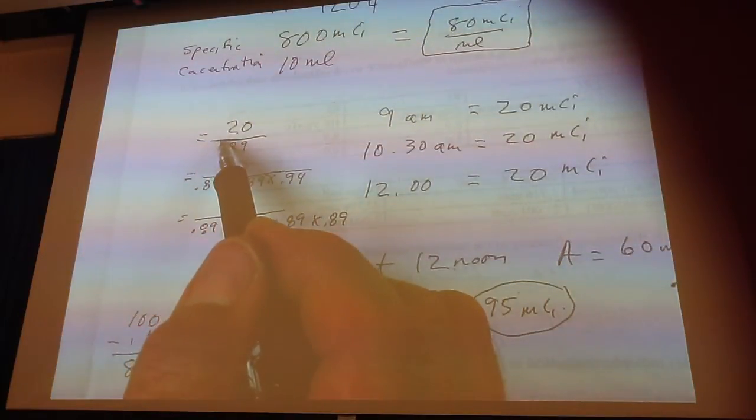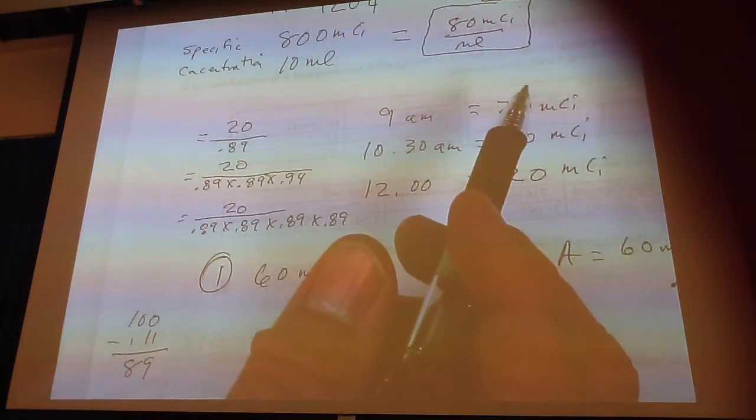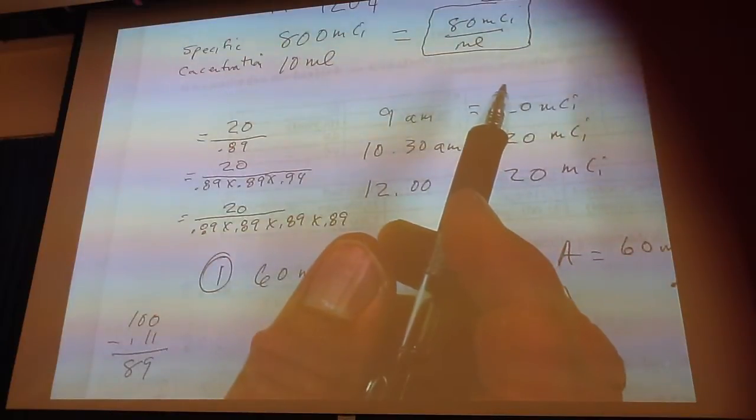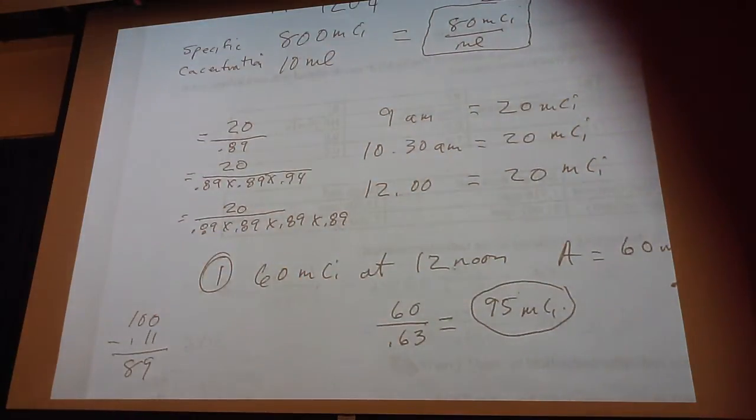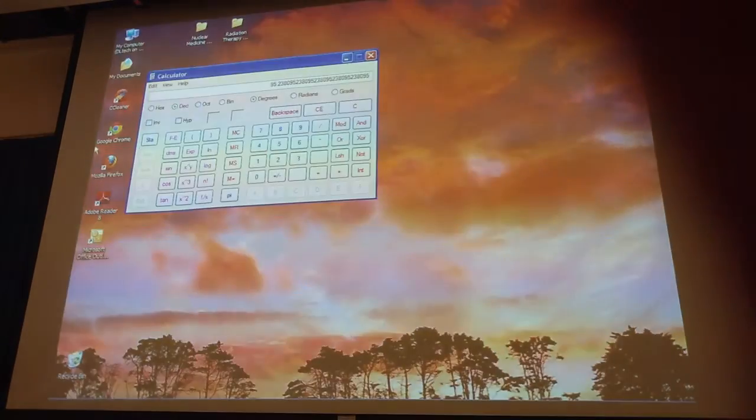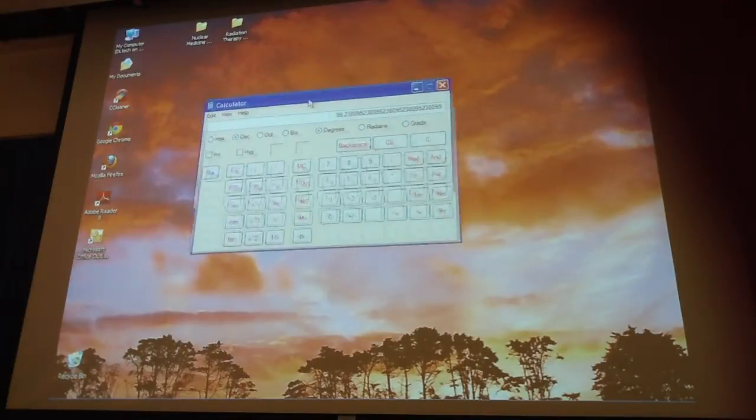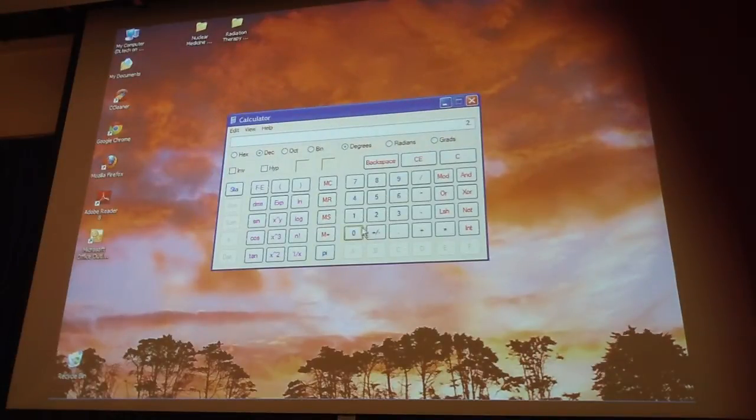Is that what you get, 22 millicuries? Okay, so 20 divided by 0.89. Okay, so 22.4 millicuries for the 9 o'clock dose.